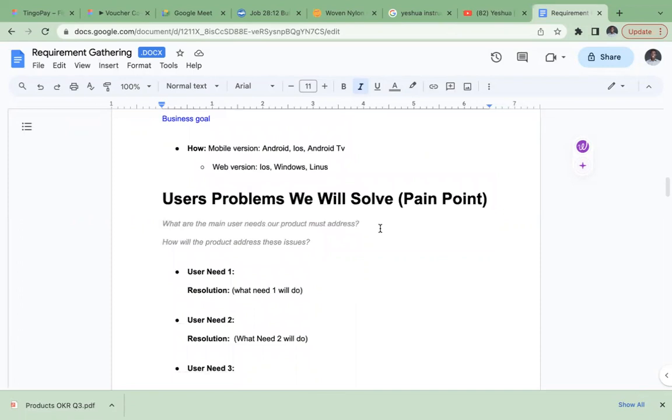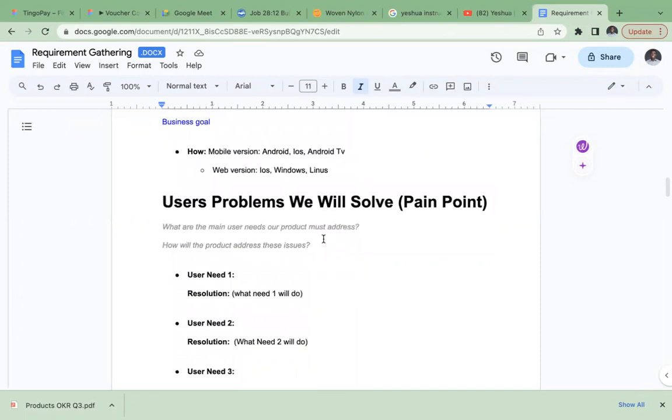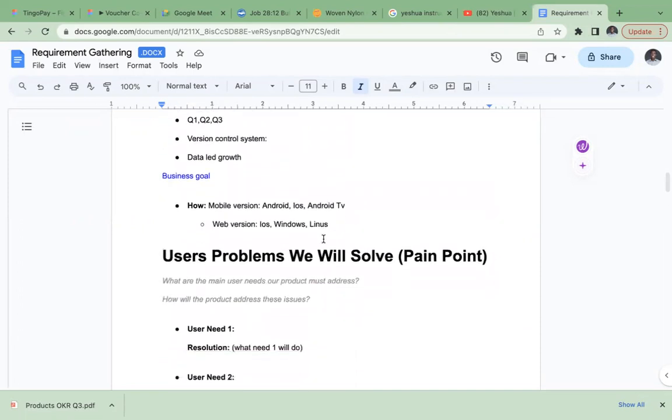Okay, so the user's problem we will solve is the pain point. It's good you want to develop a product, but it's also good you understand the pain points of the users. The stakeholders will give you some pain points, and you're going to research those pain points.